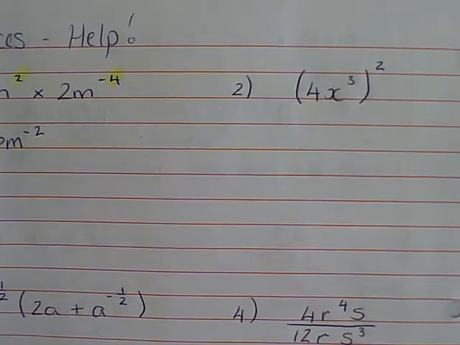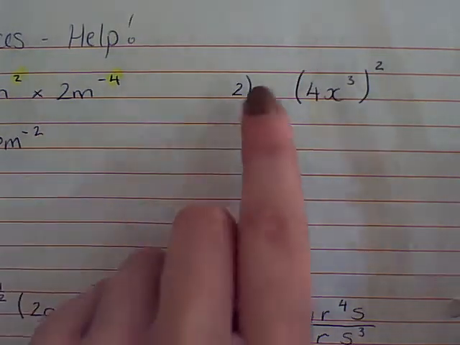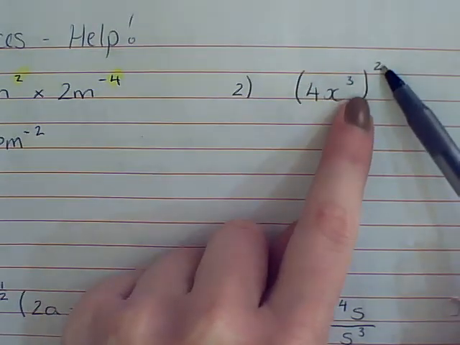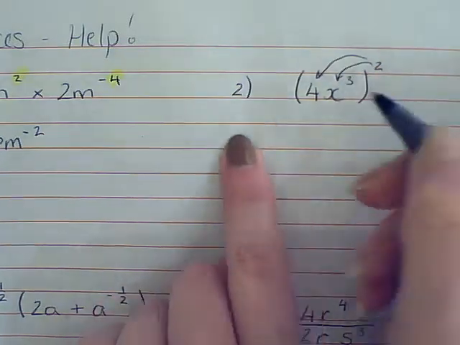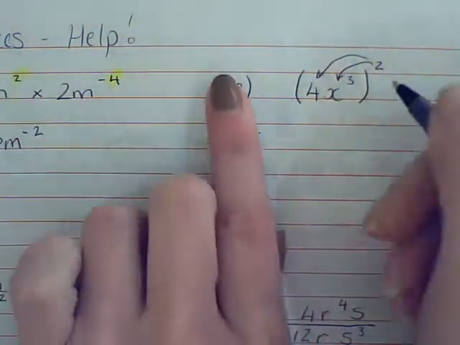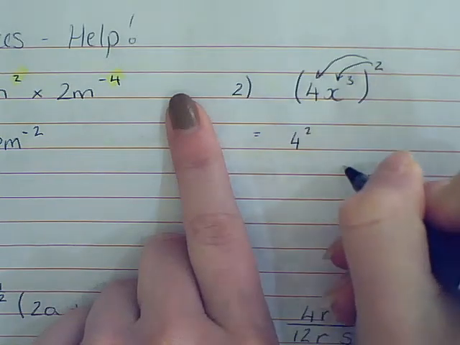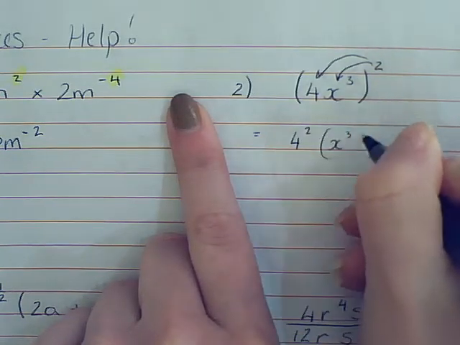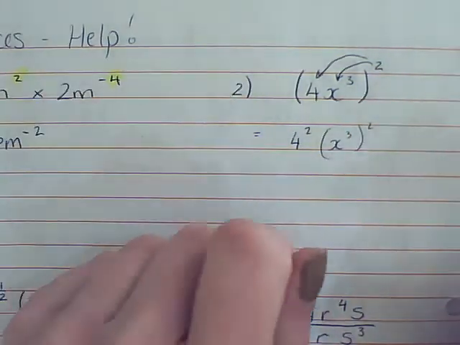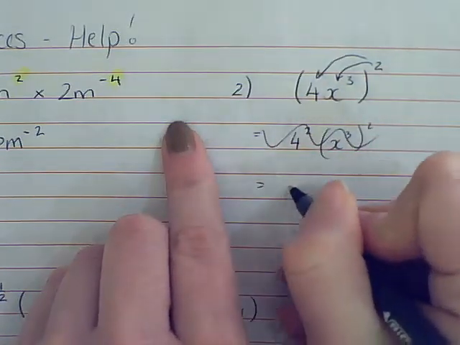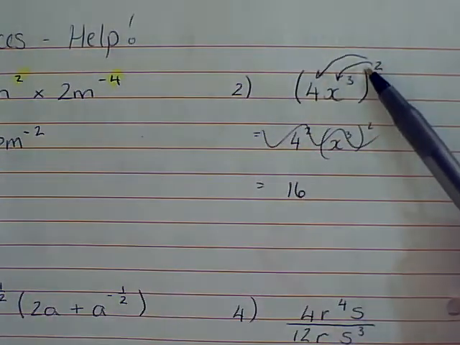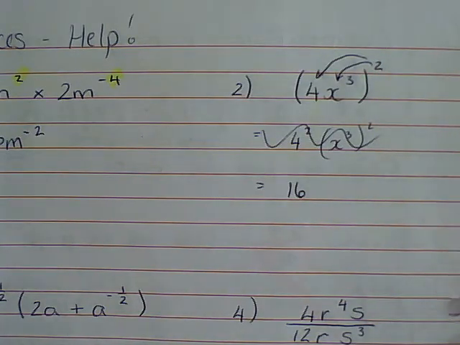Here it looks worse. Okay, this 2 means I need to square this term and I need to square this term. So you don't need to write this, but what I've got is 4 squared and then x cubed squared. That's what I've got. We know 4 squared is 16, and this time with the indices I times them.